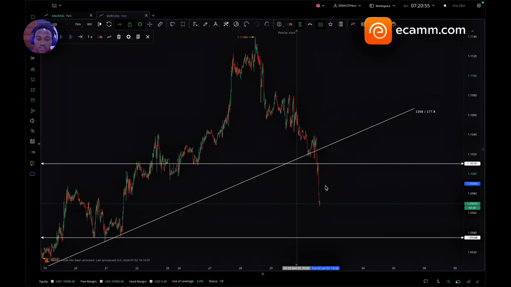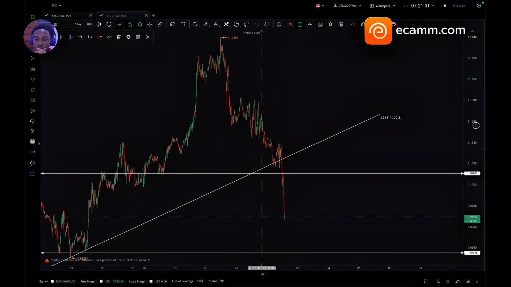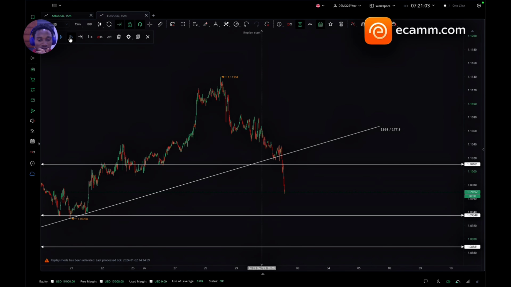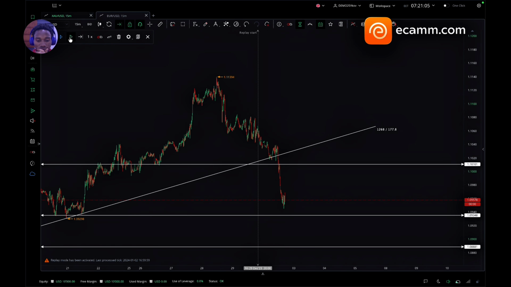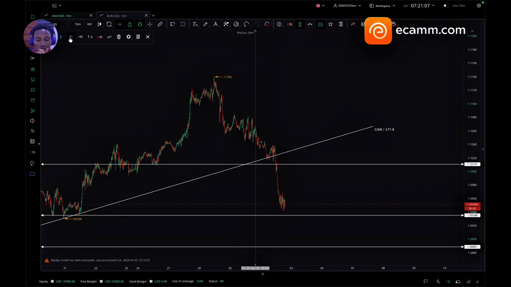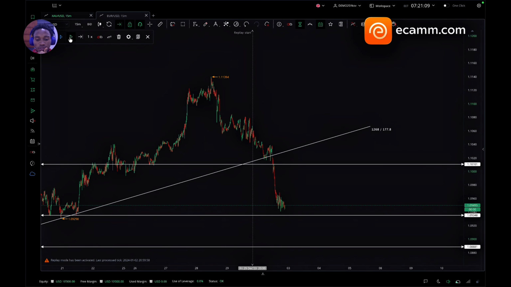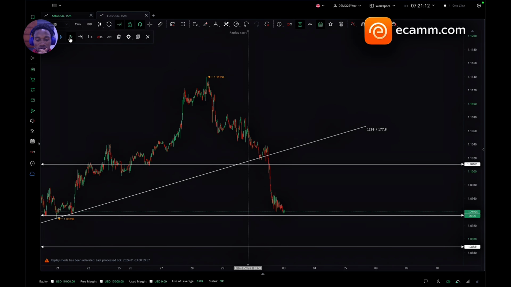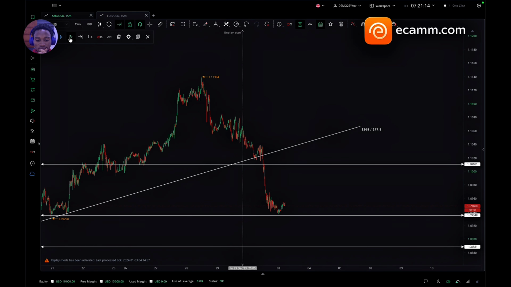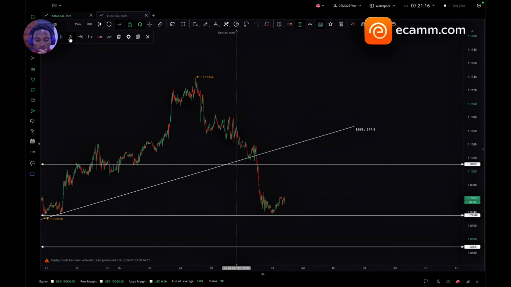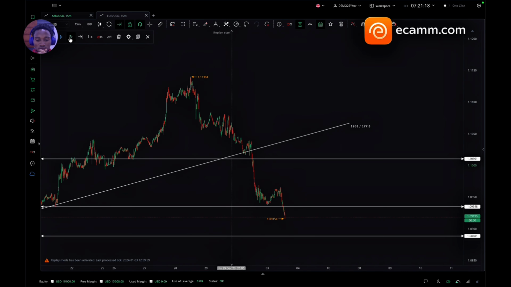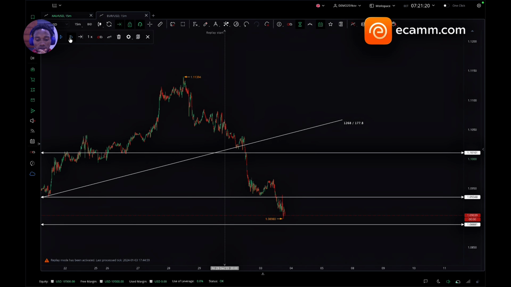Okay, this first support didn't hold the market. Let's see how the second one will react to it. Okay, you can see it's clearly reacting to that support over there. Let's see. Okay, it broke the support.